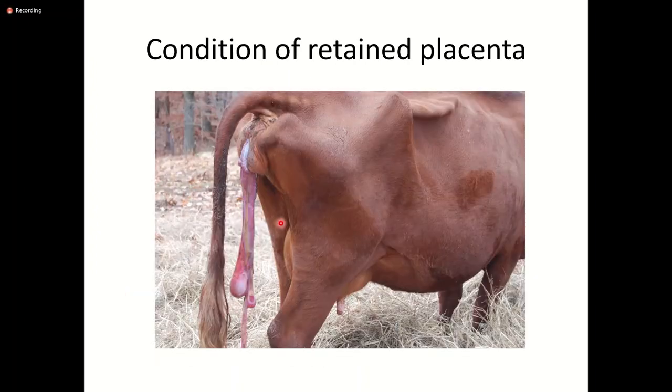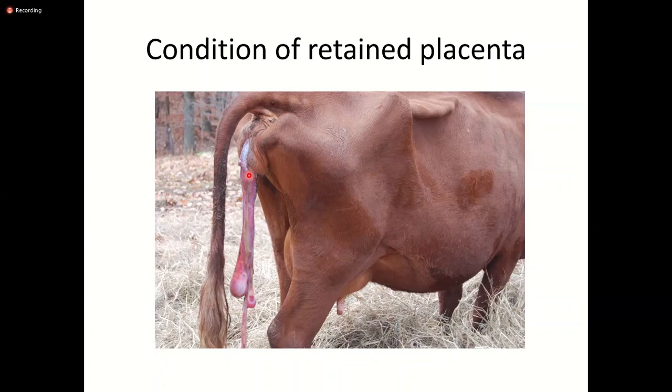So when we discuss some diseases of these animals, one condition is called retained placenta. You might see the placenta or associated tissues that are not expelled completely once they have completed the birth or calving process, right?